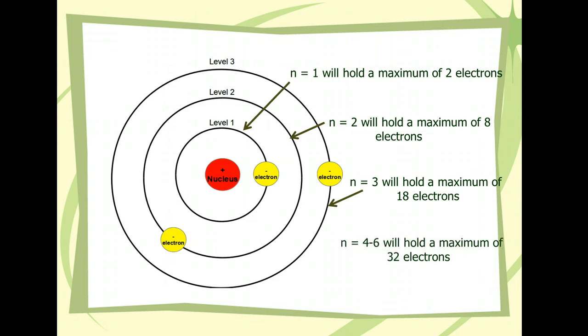And then levels 4 through 6 each hold a maximum of 32 electrons, and we didn't show those in this particular picture. Each energy level will hold so many electrons, and they'll hold them in little areas called orbitals. We'll get into the orbitals a little bit more day after tomorrow. I think Friday is the day we're getting more into that.